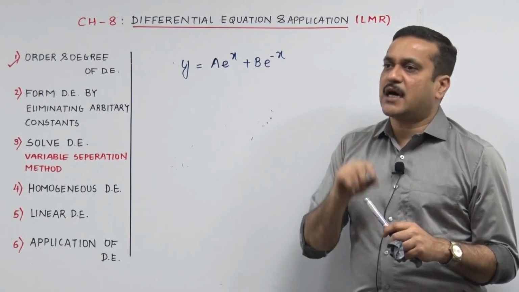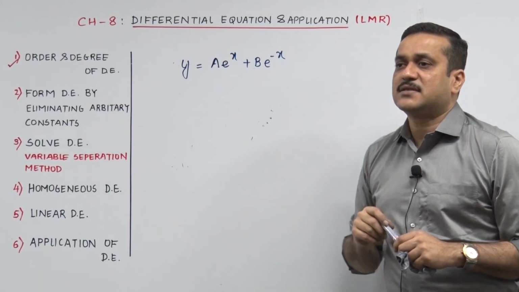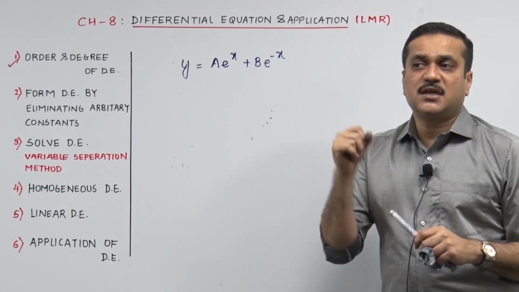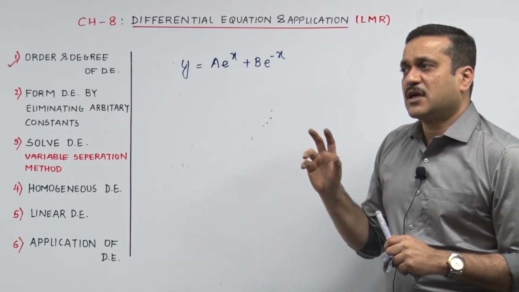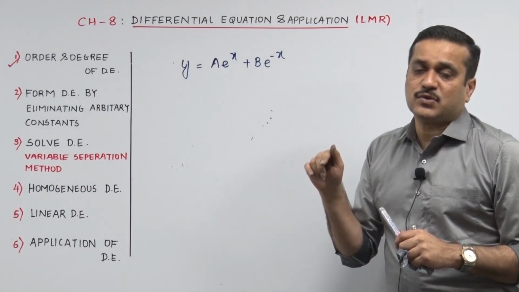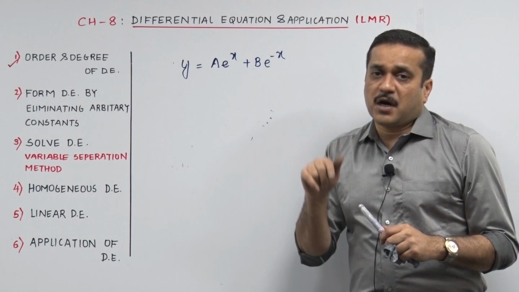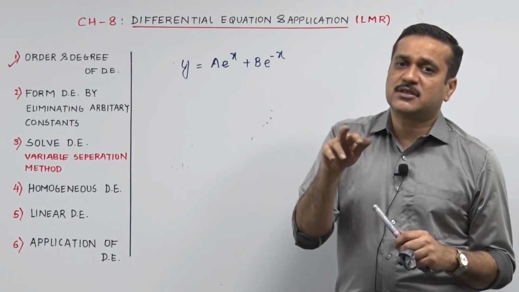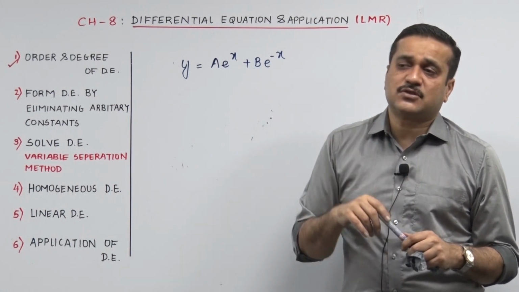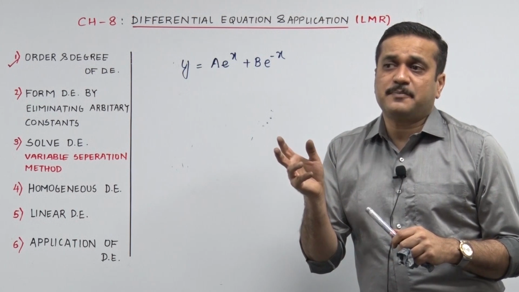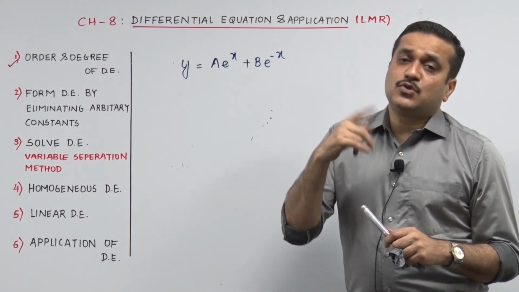By eliminating the arbitrary constants, and when I look at my solution over here, a little bit of fear creeps in, a little bit of fear starts to happen, because your a and b are standing by the side of e raised to x, and e raised to x is such a powerful function that you differentiate n number of times, your e raised to x is always going to be there as e raised to x. That means, if I say in my own language, a and b will always remain safe.